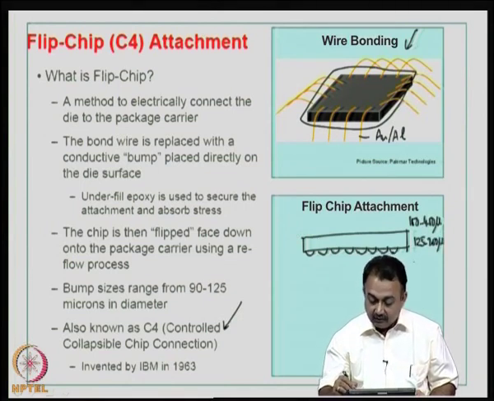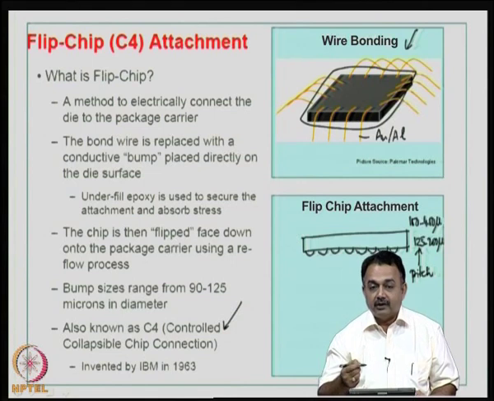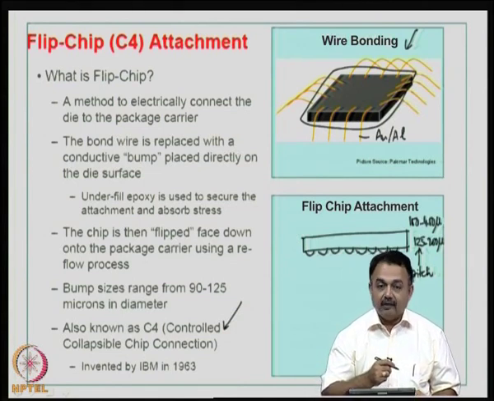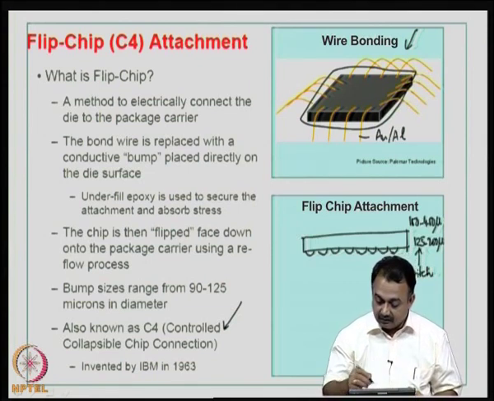Now, the pitch is also very similar. So, you can imagine the difficulty in establishing a flip chip bonding even if it is through a sophisticated equipment. You have to have very good registration procedures in the equipment to establish a very good flip chip connection.